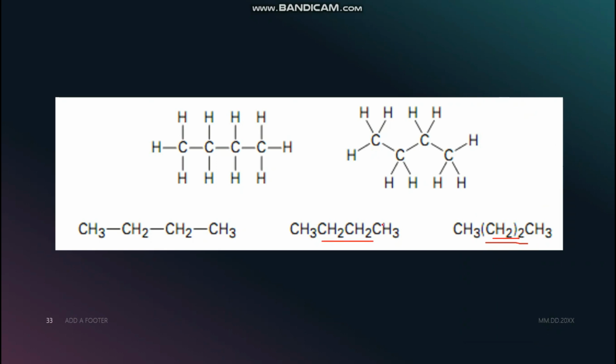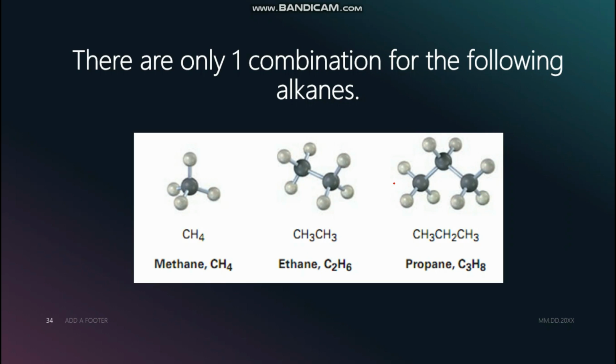Okay, dalawang ganyan. So, there is only one combination for the following alkanes. Okay? Kahit pagbalik-balikturin mo sila, iisa lang din talaga yung magagawa mong structural formula for these alkanes: the methane, the ethane, and the propane. Okay?